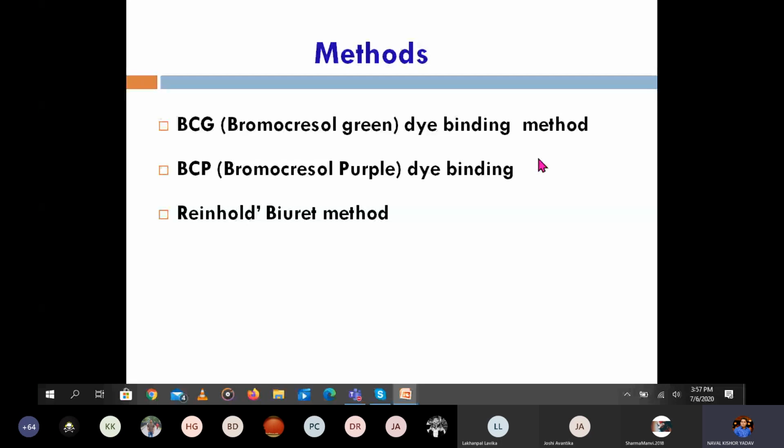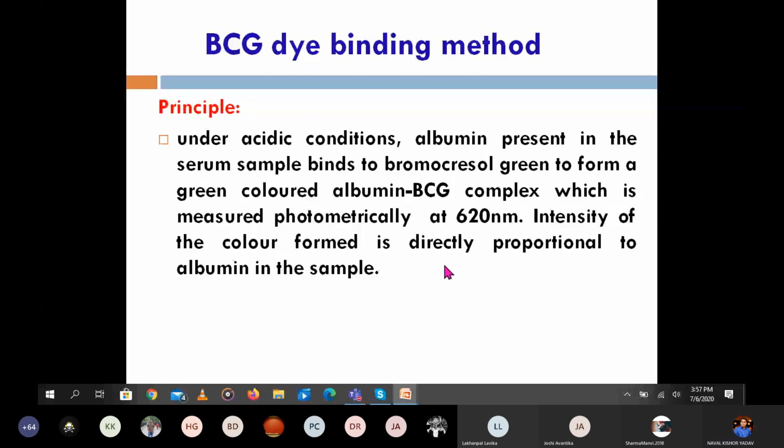So what is the principle of this dye binding method, BCG? Here the condition is acidic. In acidic conditions, albumin present in serum binds to bromocresol green to form a complex, the albumin-BCG complex, which is measured using a colorimeter. The intensity of color is directly proportional to the concentration of albumin present in the given sample.